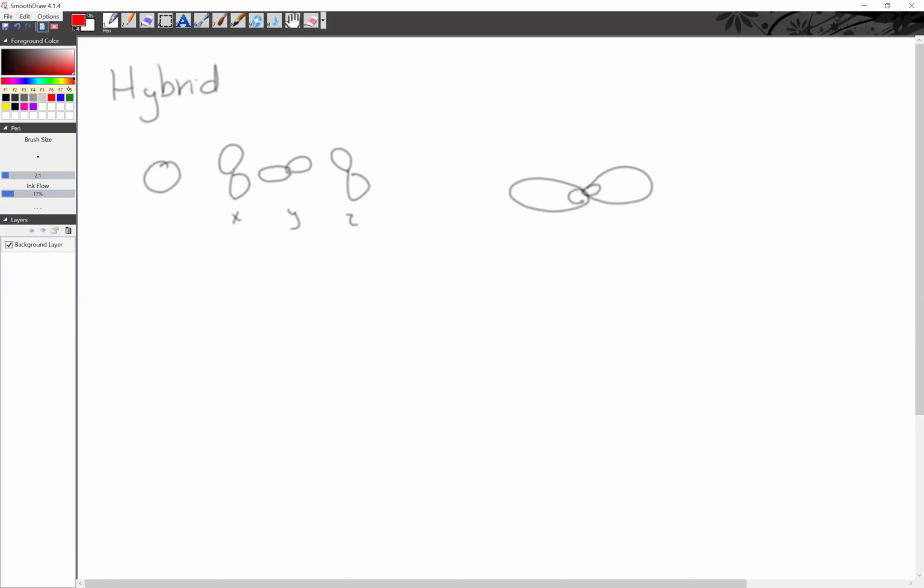But what is left over? You would get your PY, and you would also have PZ. This would be called an SP. So you'd have two SP hybridized, but you would still have your PY and your PZ.